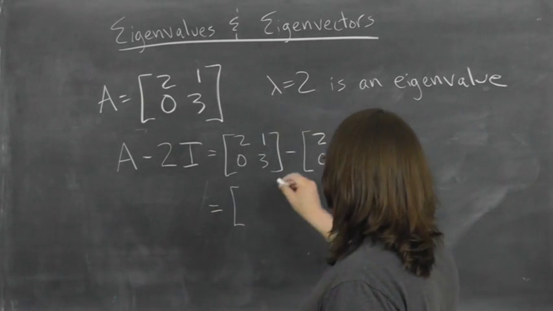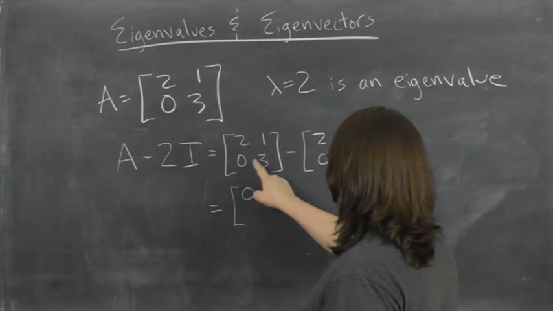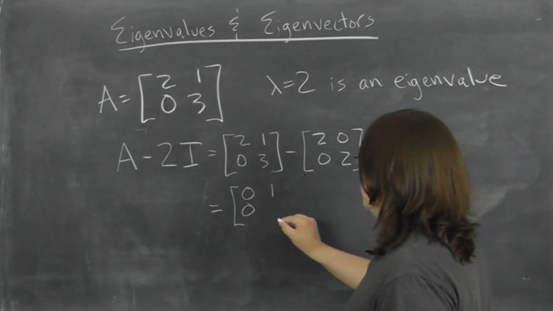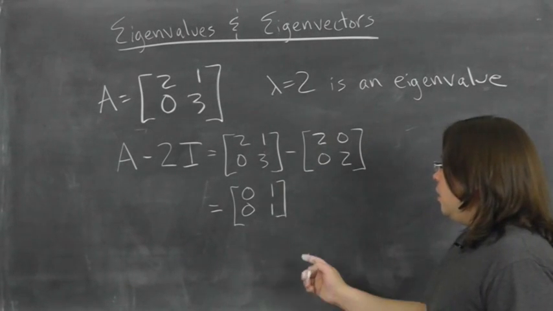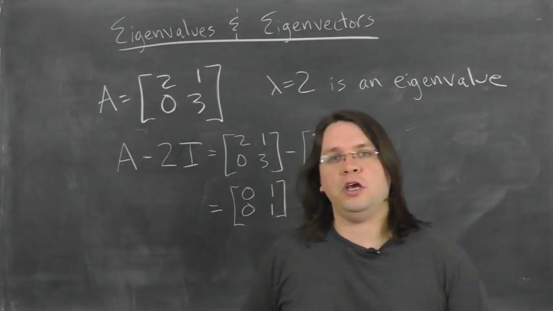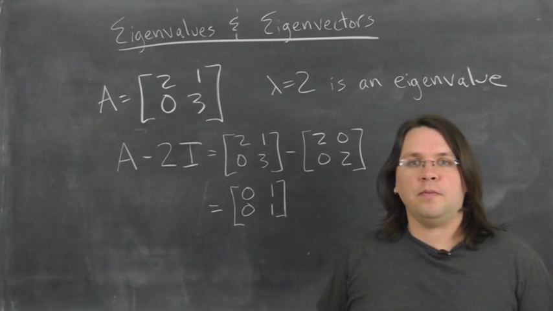So I get 2 minus 2 is 0. 1 minus 0 is 1. 0 minus 0 is 0. 3 minus 2 is also 1. This matrix has the obvious special property that the first row and the second row are the same.